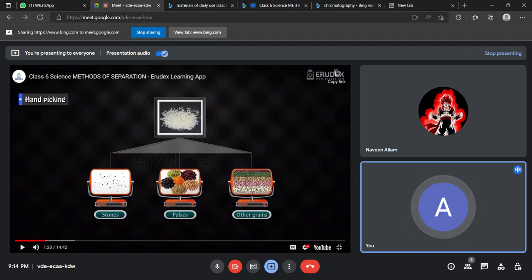So before cooking the rice, we have to hand pick the stones. Why? Because stones will obviously be bigger in size than the rice grains, plus the color of the stones will be either black, brown, red, and the color of the rice is white, so it will be very visible to us. It will be very easy to differentiate between the stones and the rice grains.